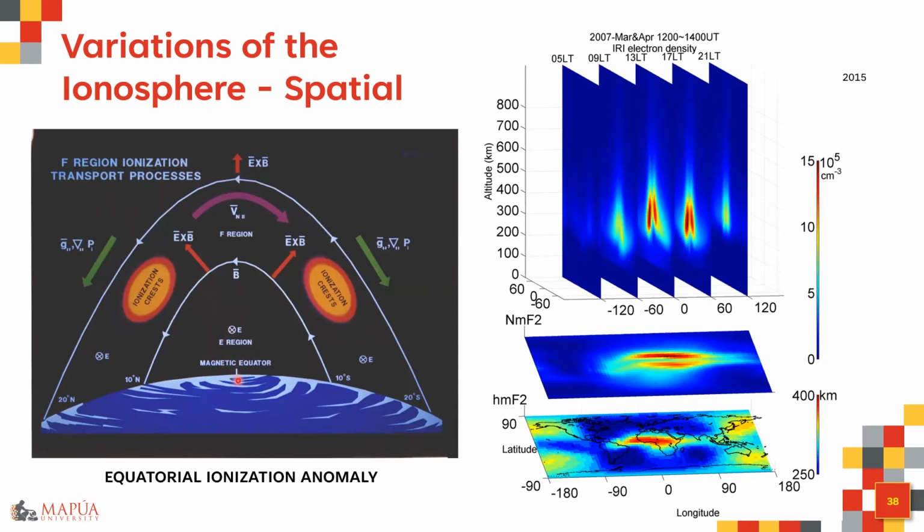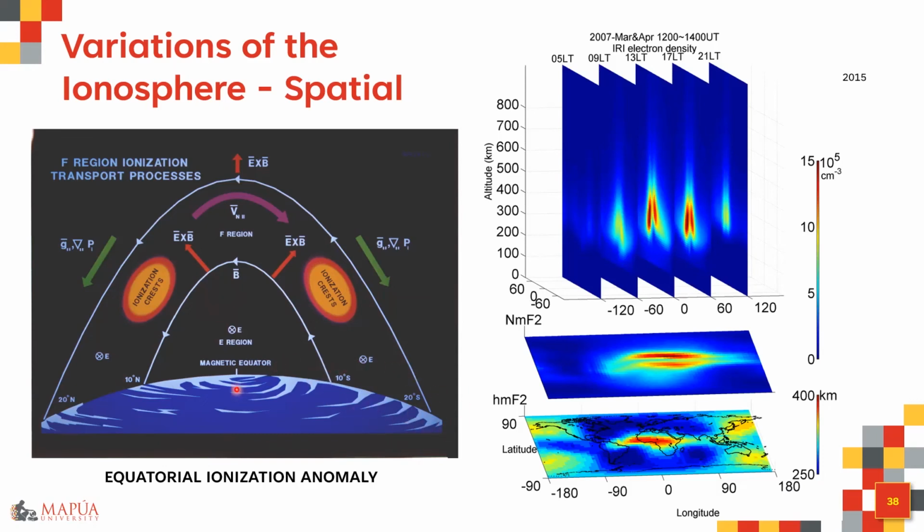At the magnetic equator, there's a presence of an eastward electric field. I am not going to discuss where this eastward electric field comes from, but for now, let's just accept the presence of an eastward electric field. If the eastward electric field is pointing to your screen, then to your left is the north side, and the south side would be on this side.